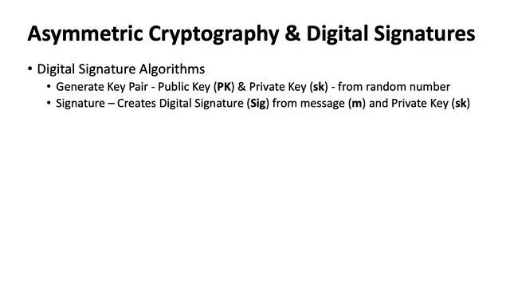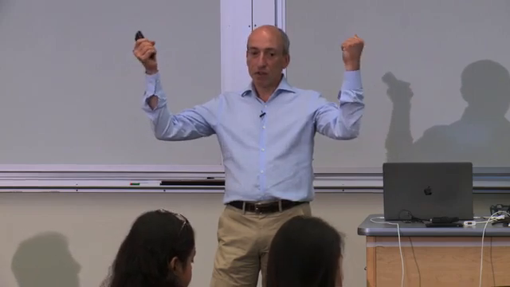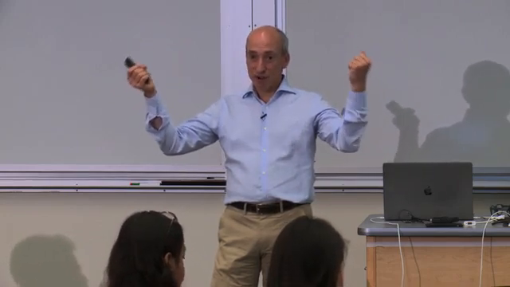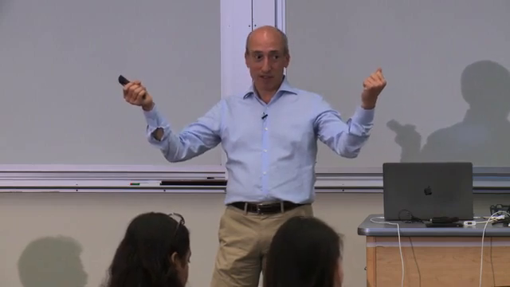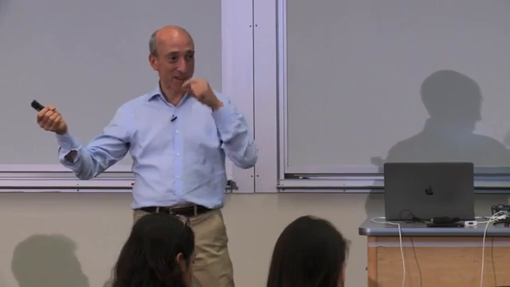There's a signature function, and the key thing is you can create a digital signature from a message and a private key. So if Kelly has a private key and wants to send a secret message to somebody across the room, Isabella, you want a message from Kelly?